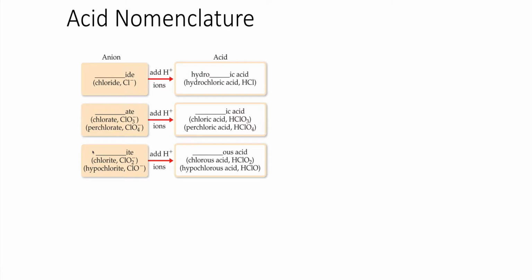And finally, if our anion ends with -ite, and we turn it into the acid, we end with the suffix -ous, chlorous acid. So let's do some examples. HCl, hydrochloric. HNO3, this is the nitrate anion, so this is nitric acid.